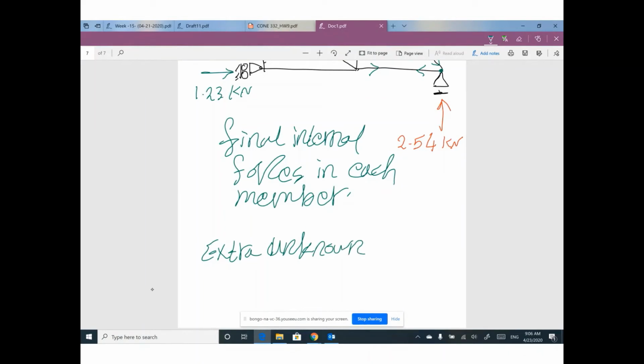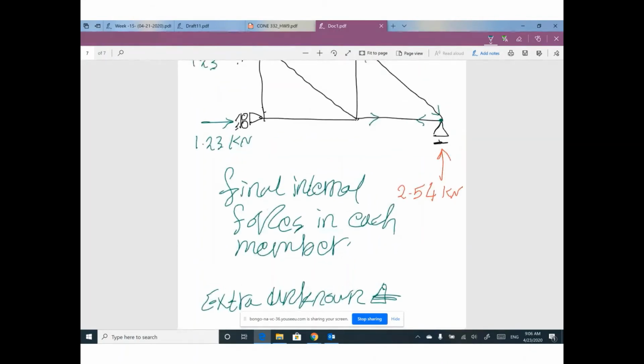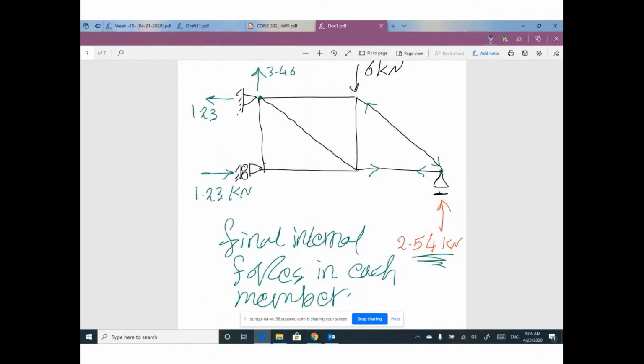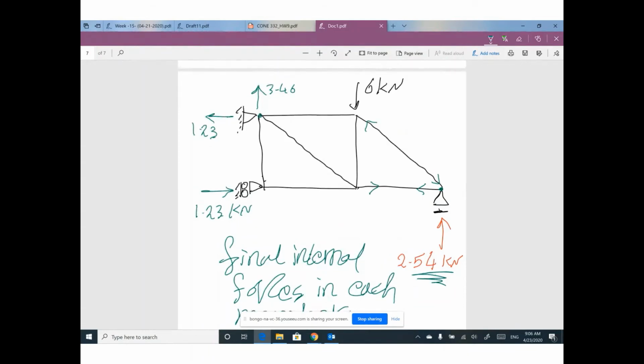This extra unknown stopped me from solving for the remaining unknowns, so I was waiting to get its value. Once I get the extra unknown value, I can solve my structure like I learned in chapter 3. I figured out the reactions from summation Fx equals 0, summation Fy equals 0, and summation moment at any point equals 0.